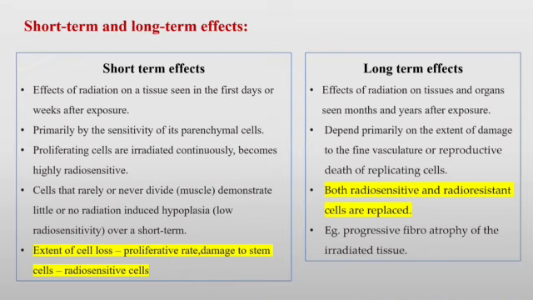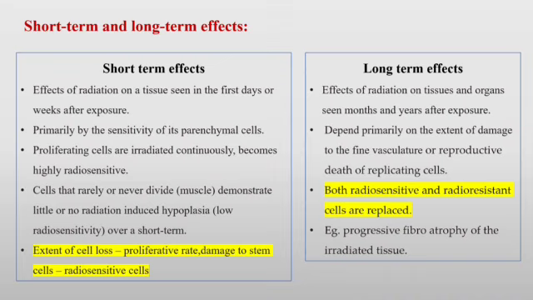But cells that rarely divide, like muscles or neurons, demonstrate no radiation-induced hypoplasia as a short-term effect. So those cells are low radiosensitive, whereas the proliferating cells are highly radiosensitive. The extent of cell loss depends upon the proliferative rate of the cell and damage to the stem cells.